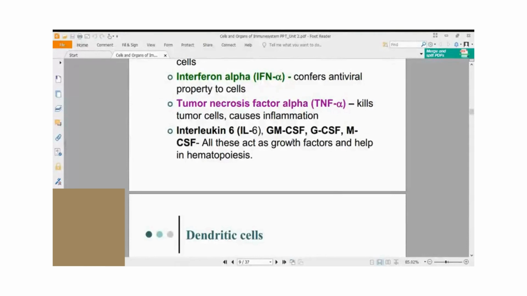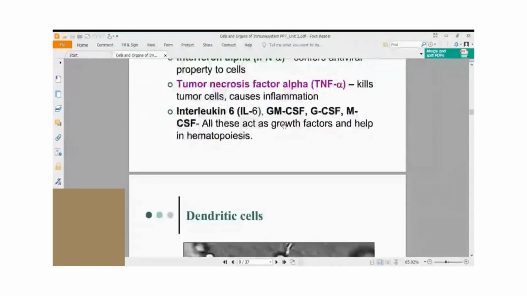I've dealt with that example, and it is also capable of killing the bacteria using oxygen independent mechanisms. So macrophages are the primary immune cells responsible for antigen processing. They are also responsible for antigen presentation. And when they present the antigen, that antigen is going to be recognized by the Th cells. That is about macrophages.